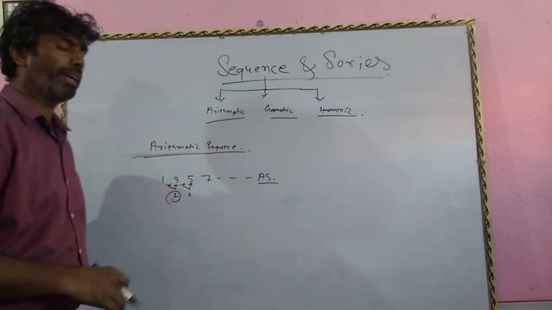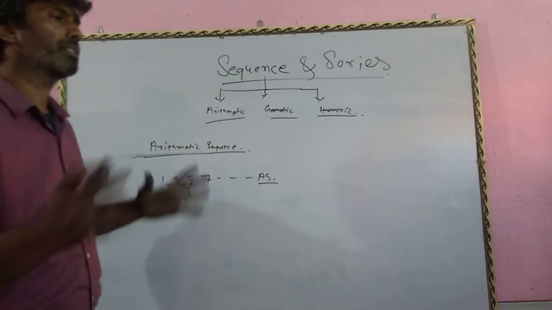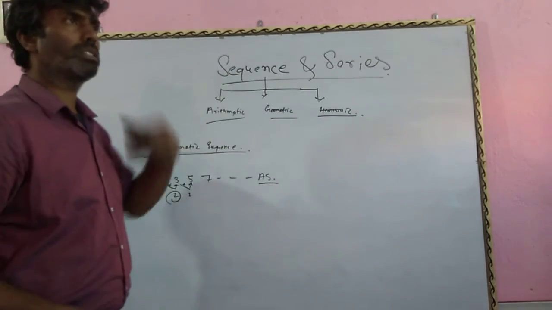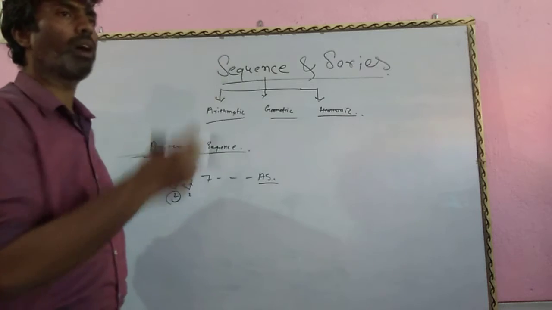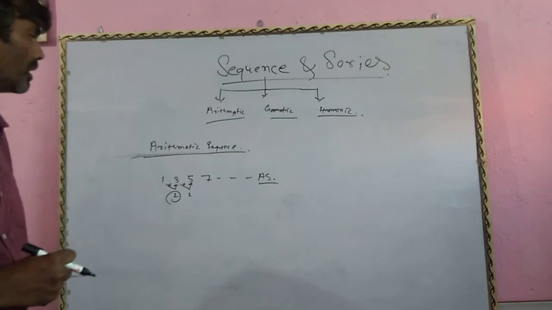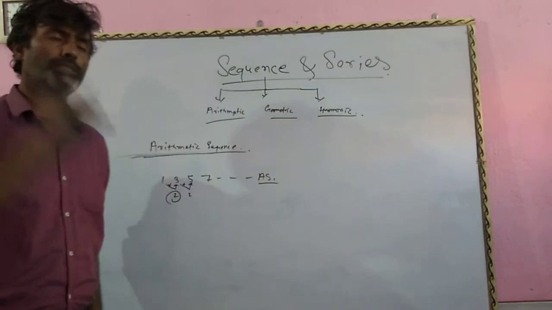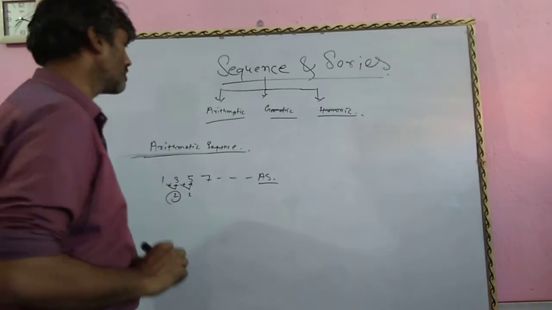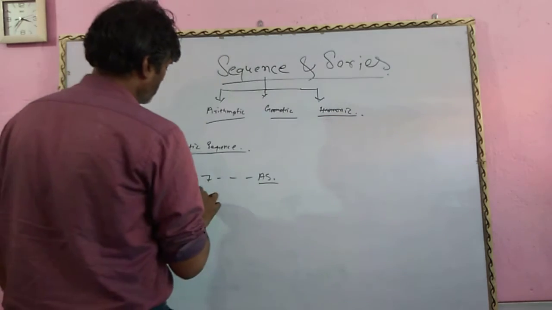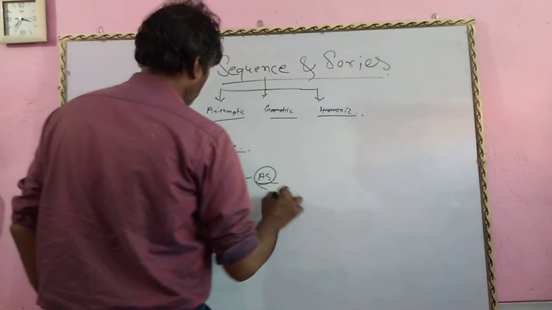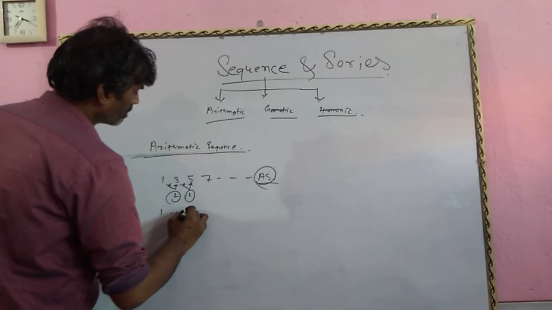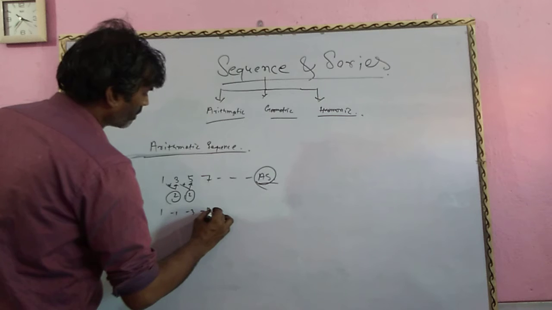When the next term is determined by adding or subtracting some fixed quantity in the previous term, then that sequence will be called an arithmetic sequence. For example, 1, -1, -3, -5.